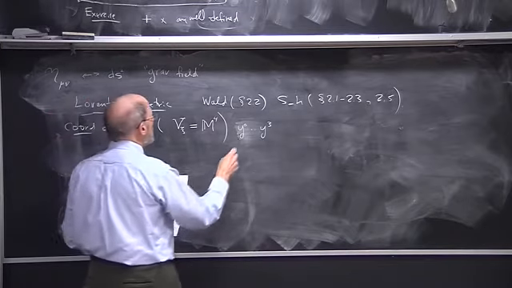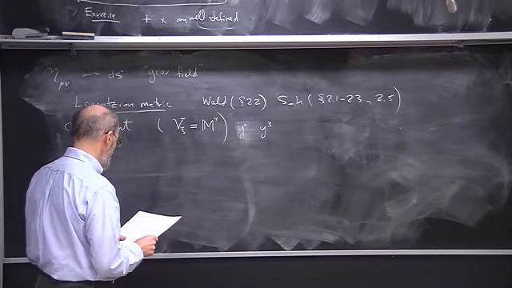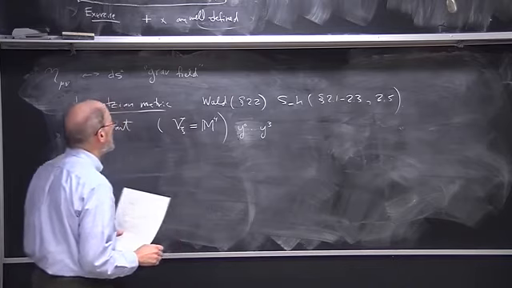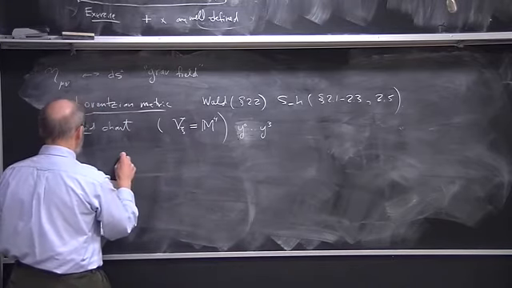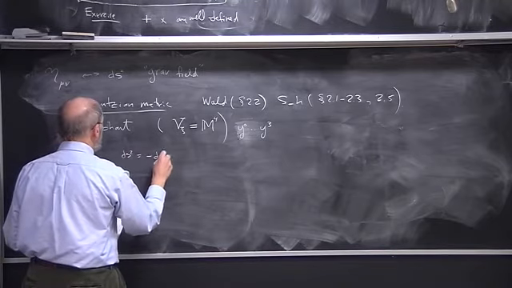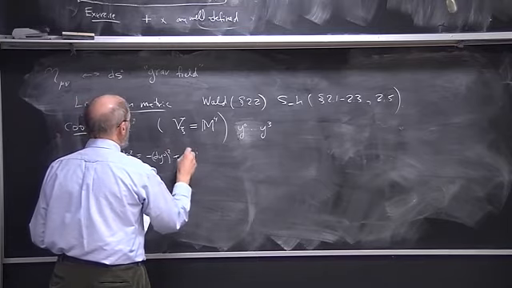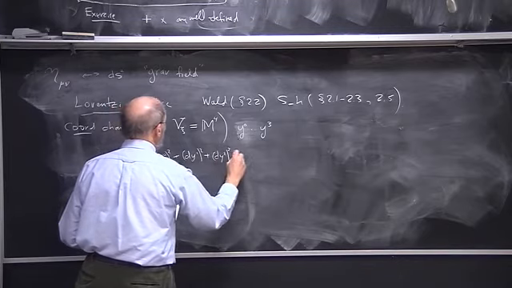I'm going to assume that the chart is such as to define an inertial frame, so that means that locally, to first order, the metric is given in the manifold by the same formula as it's given in Minkowski space, which is of course that ds squared is equal to minus dy0 squared plus dy1 squared plus dy2 squared plus dy3 squared.